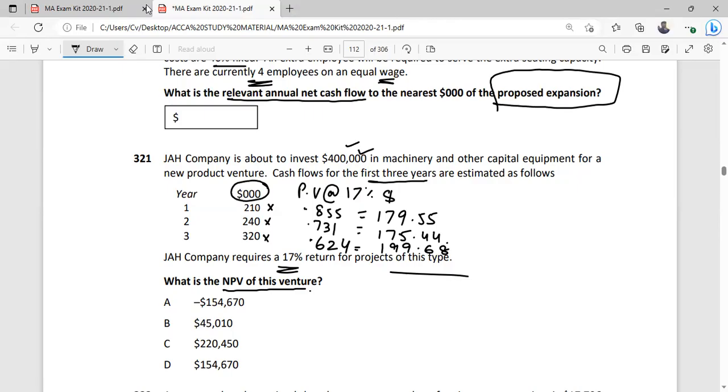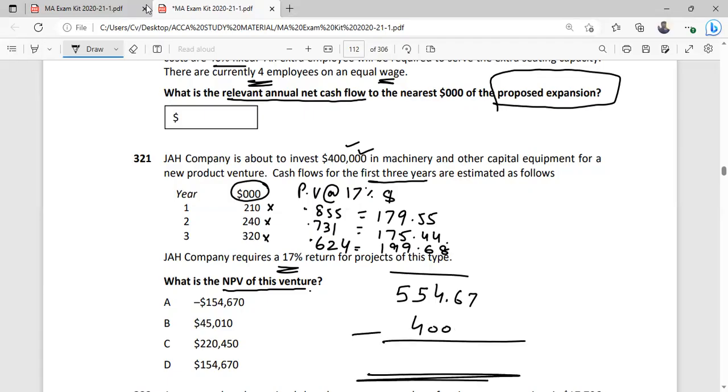We have a sum of 554.67 and we can calculate minus 400,000. 154.67. So positive NPV. Any question?